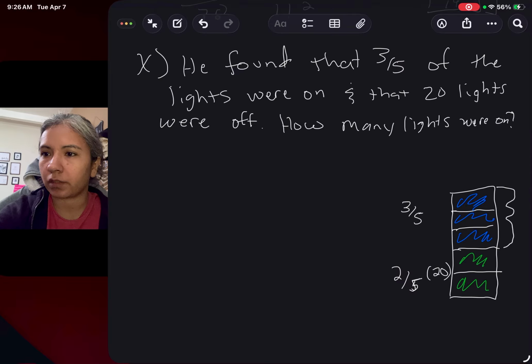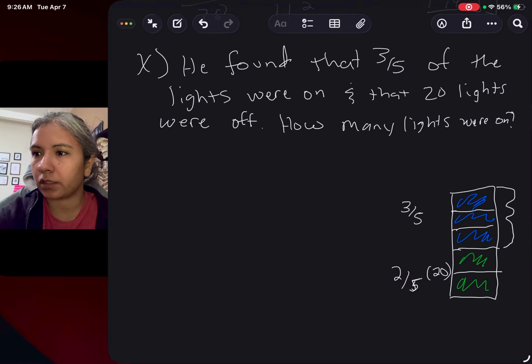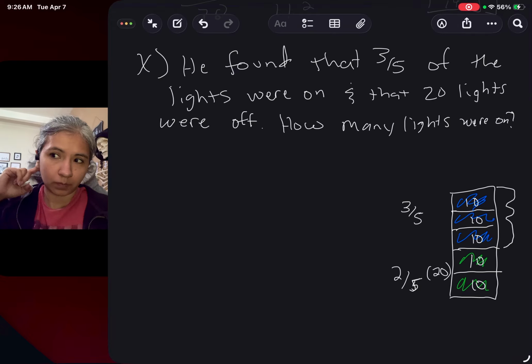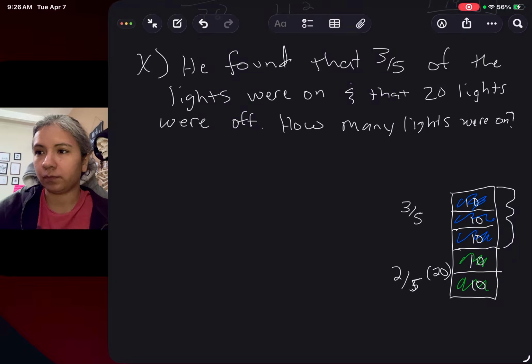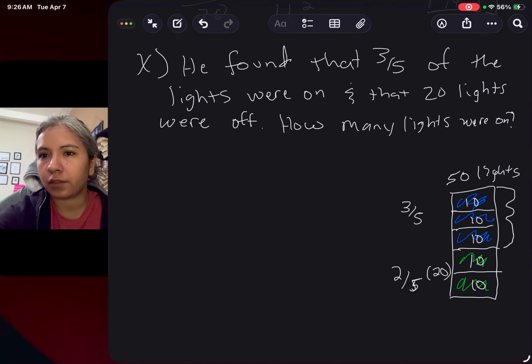So we can divide that 20 by 2 to get 10 for each section. So we can say, if they asked how many lights total in this building, there would be 50 lights, right? So you can do this 2 ways.